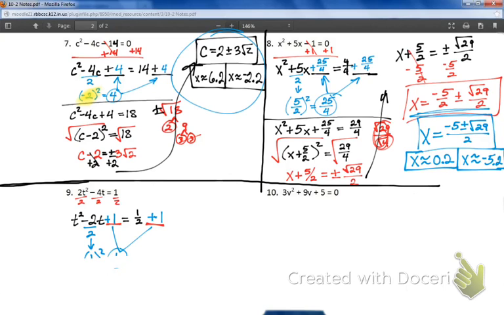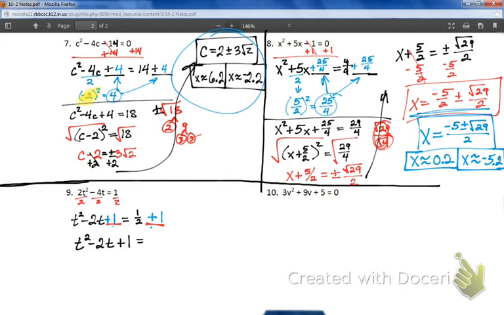Now, to save room, I'm going to erase this so I can... And you might start doing that work either in your head or off to the side. I'd be fine with that too. So that means that this problem turns into t squared minus 2t plus 1 equals 1/2.